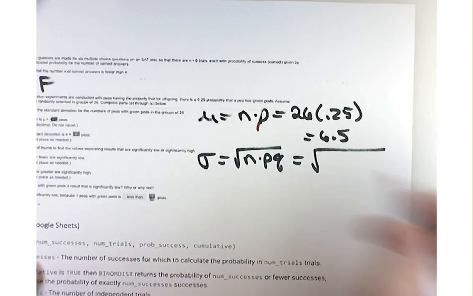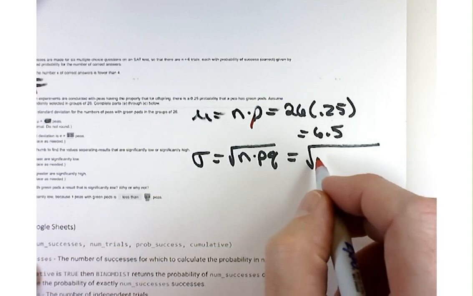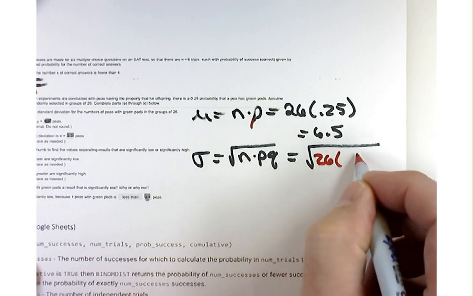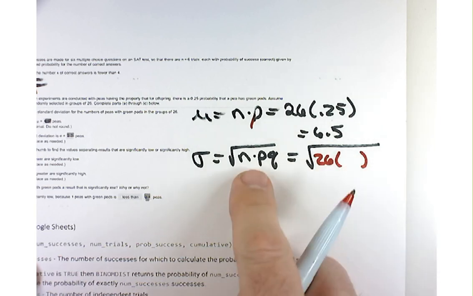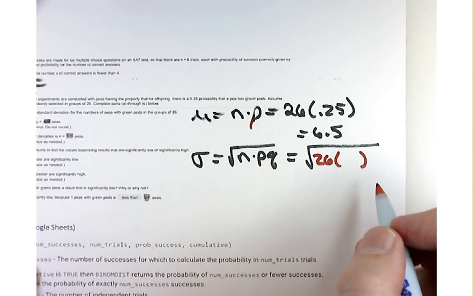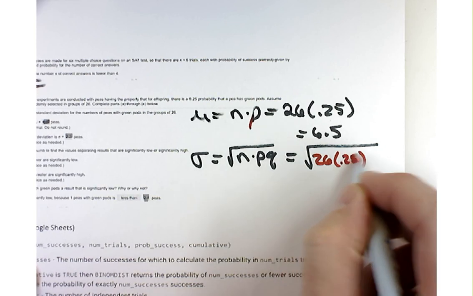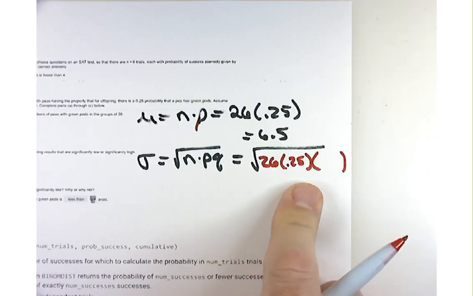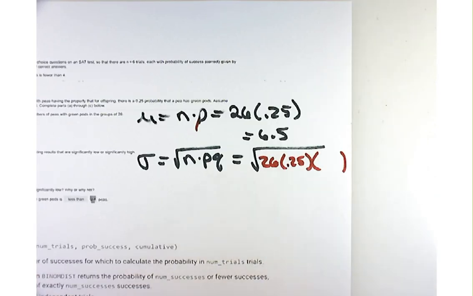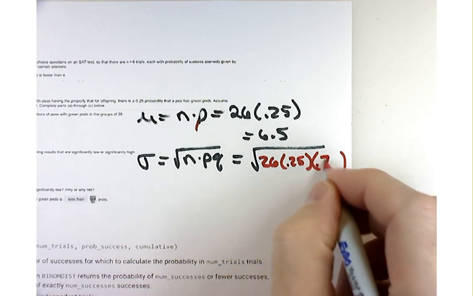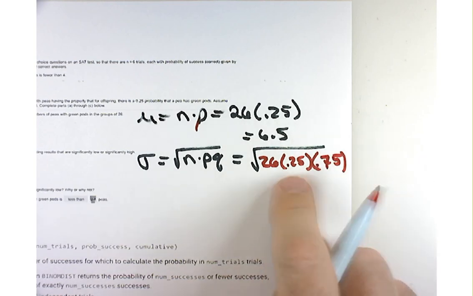Let's start with the easy part. What's n? N was 26. You're right. What's the probability of success? 0.25. And if 0.25 is your probability of success, what's the probability of failure? 0.75, right? It's just 1 minus the probability of success.